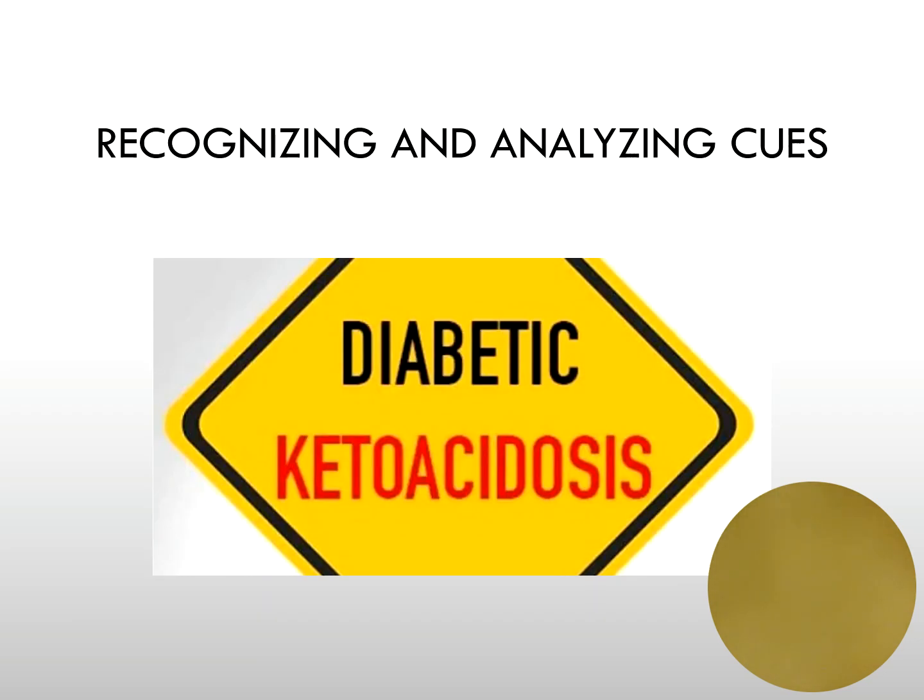Diabetic ketoacidosis is a complication of diabetes that's characterized by uncontrolled hyperglycemia, metabolic acidosis, and increased production of ketones, and is caused by an absence of insulin and the generation of keto acids as the body metabolizes fats instead of glucose to get that energy.